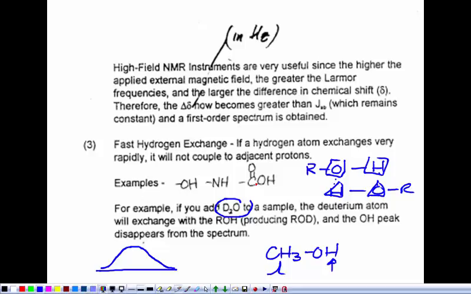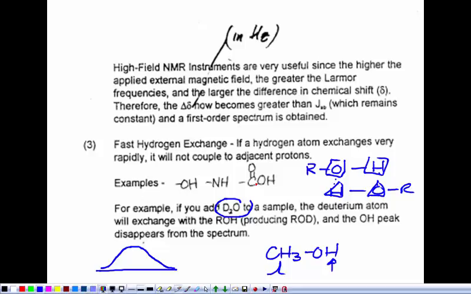Well, my instrument is tuned so it's pulsing 300 megahertz and the receiver is collecting 300 megahertz. So anything else that's not 300 megahertz just doesn't show up. Solvents that have D in them, whether it's CDCl3 or D2O, there's no protons there, so you don't see the peaks.